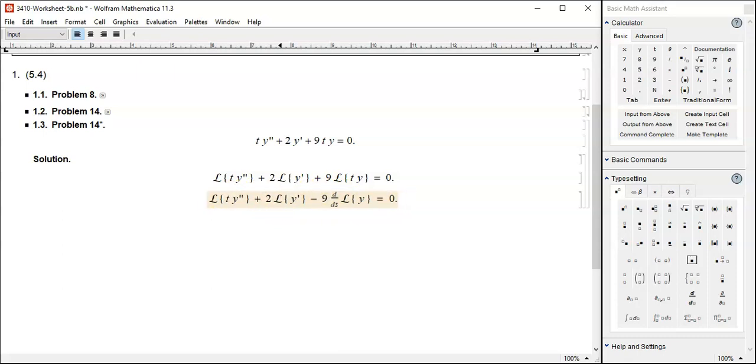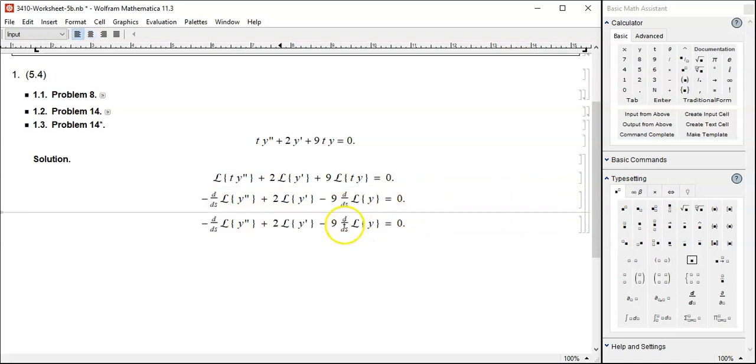And this means it's a derivative, and I need a sign change here. Okay, let's continue. And this is the Laplace transform of y, but taking the derivative, so Y of s, but taking the derivative, this is Y prime of s in capital.